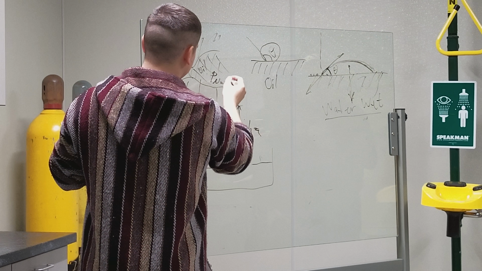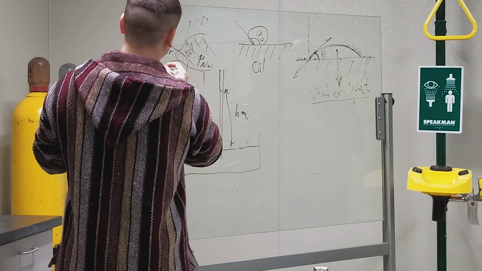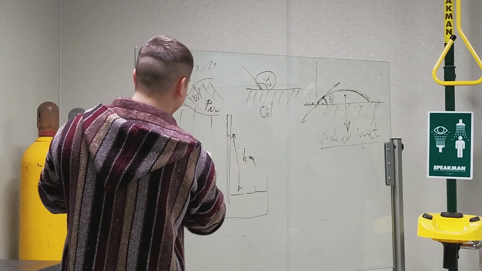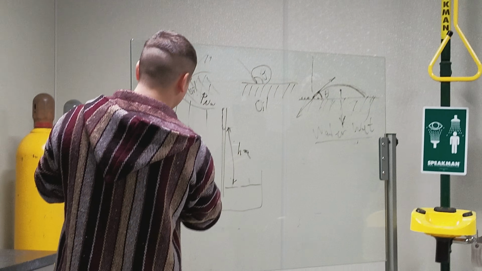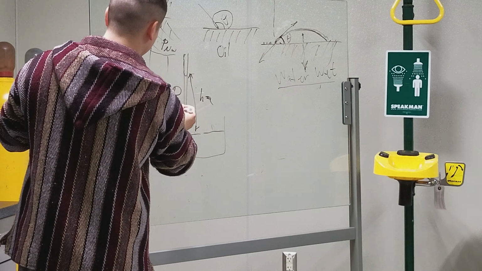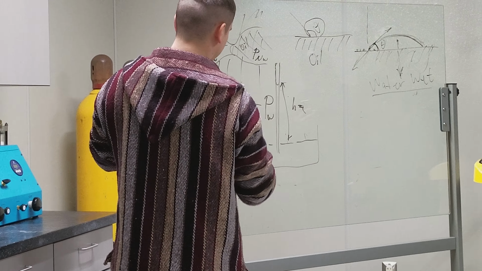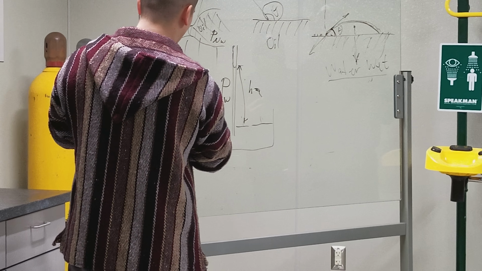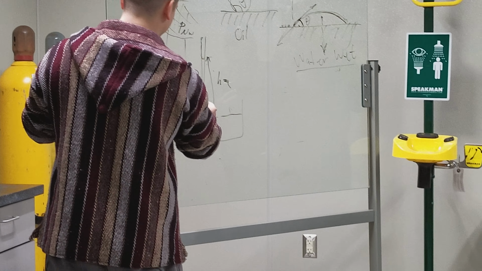Capillary pressure is defined as the pressure difference between the pressure in the non-wetting phase and the pressure in the wetting phase. And in our case, with a water-wet reservoir, it will be Po, P oil, minus P water.